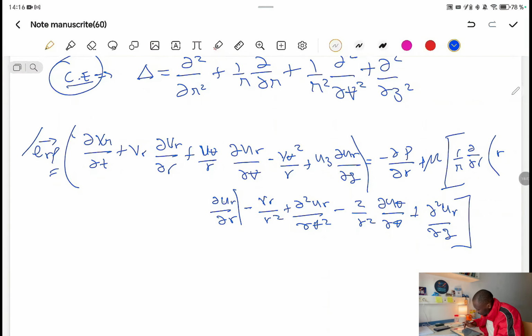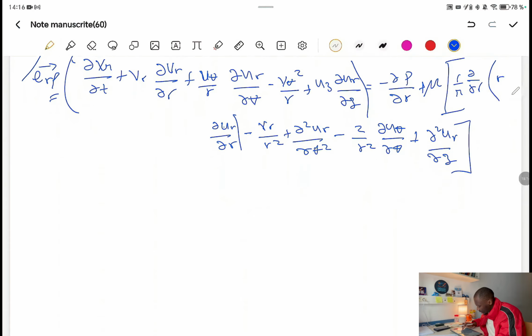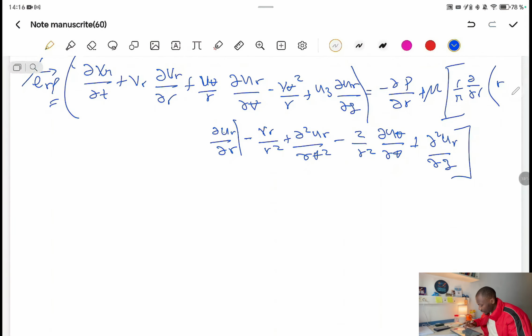Okay, that's in the r direction, and we have to do the same in the theta direction.